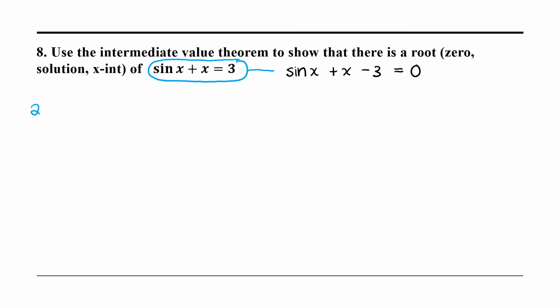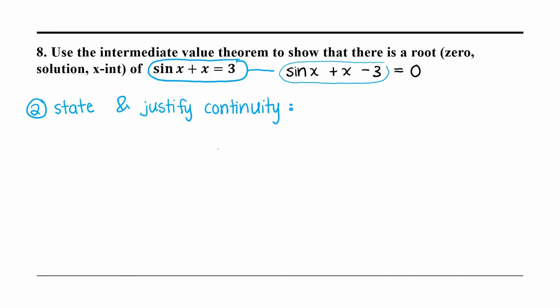So now we want to state and justify continuity. So here our function will be this, and our n, the output that we're interested in, will be 0.